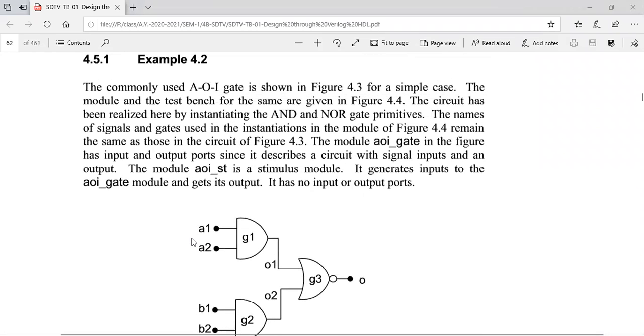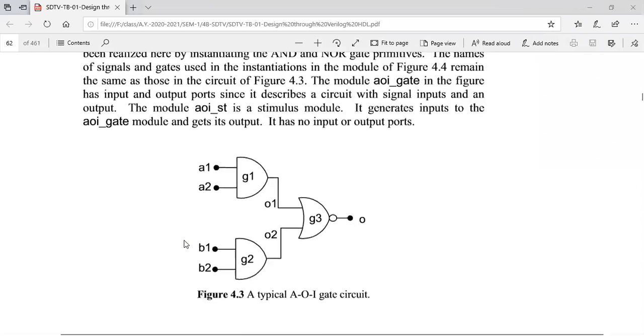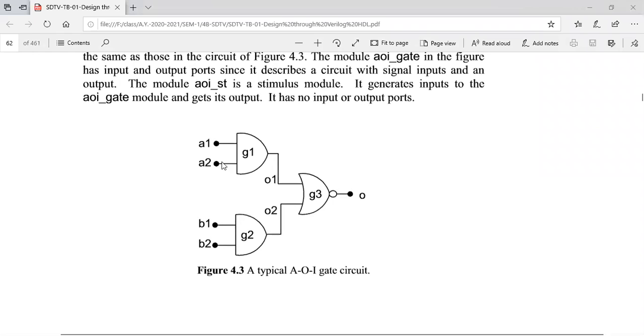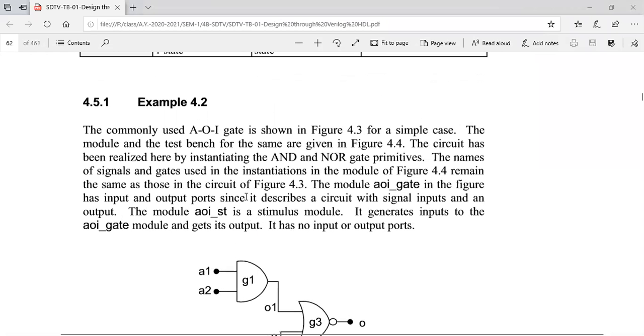First let me explain. We'll take a clear-cut example of AOI. This is AOI, with an AND gate and an OR gate interfaced like this.